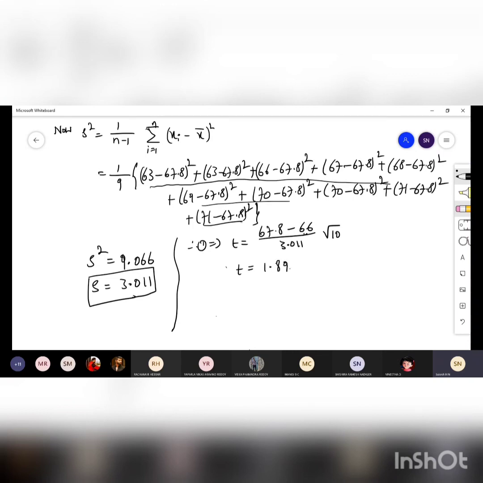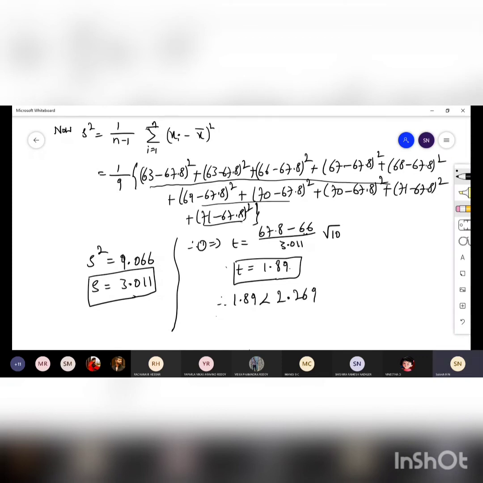So you will get the value as 1.89. In the question they given t suffix 0.05 that should be equal to 2.262. Therefore we can say 1.89 is less than 2.262.